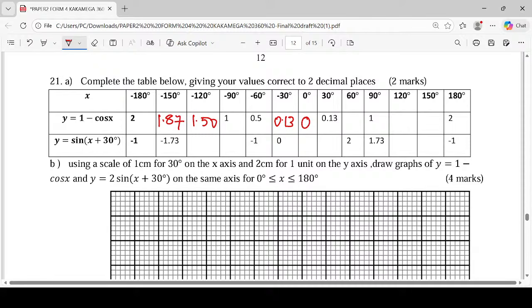Then 1 minus cos 60, that is 0.50. 1 minus cos 120, 1.50. 1 minus cos 150, 1.87.